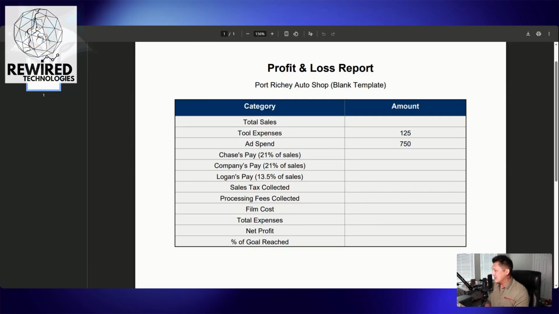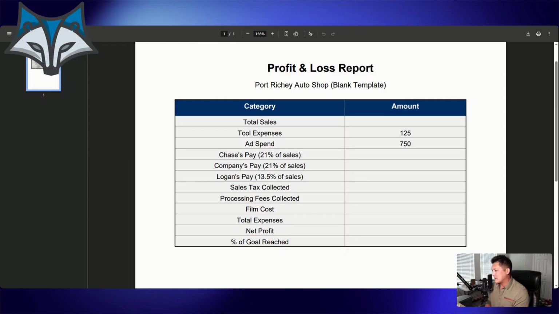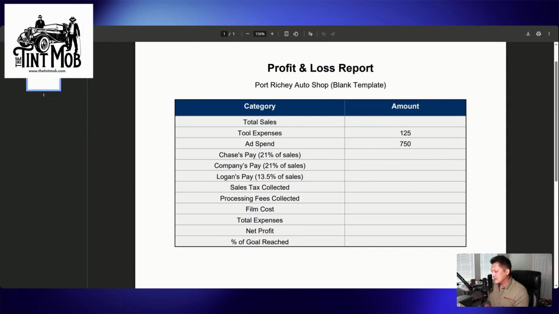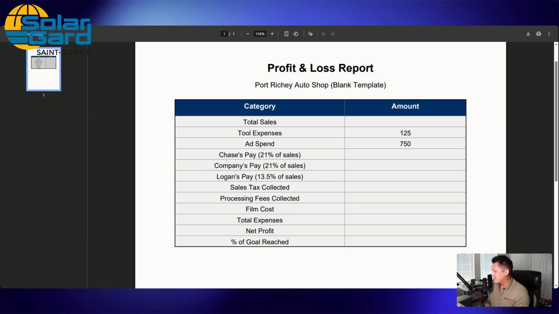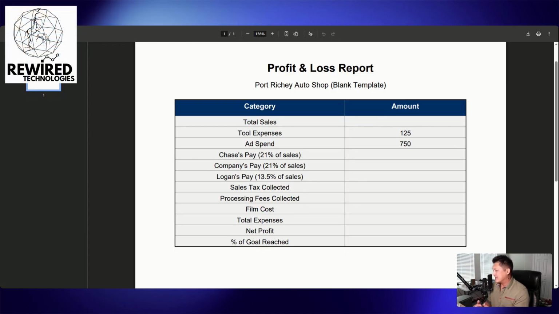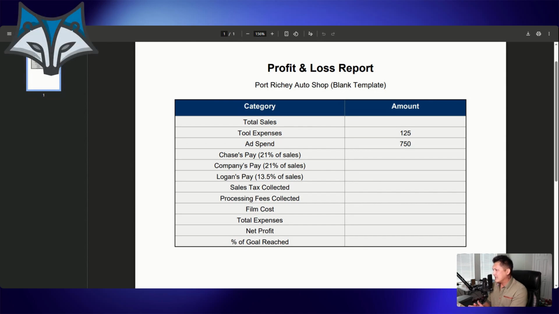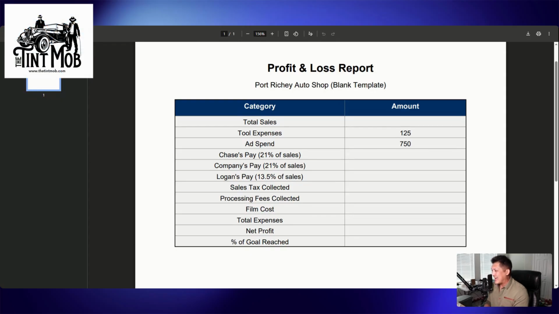Our ad spend is exactly what it is. That's how much we spend in advertising per week for that division of the company. We know how much we're spending because we know how much we spend per month. Then you can see a couple of different percentages. I break down a percentage for my installers and for the shop that we're currently at.